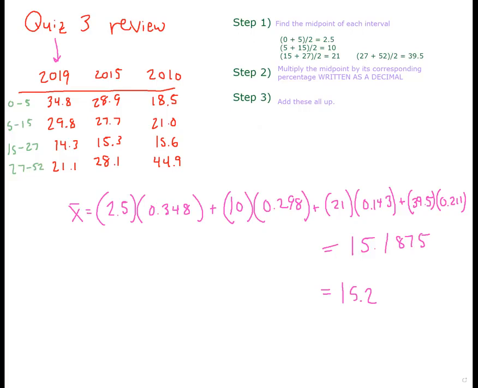I want to double check the number again because I might have fat fingered something. So 2.5 times 0.348 plus 10 times 0.298 plus 21 times 0.143 plus 39.5 times 0.211. I get 15.18, which rounds to 15.2. Any questions on number 11?